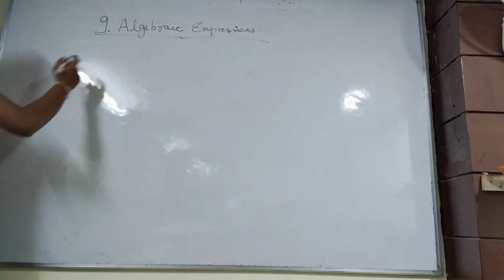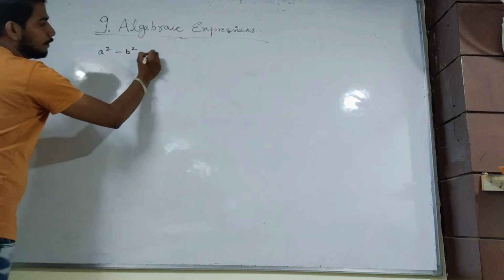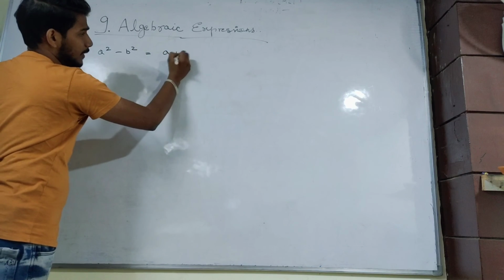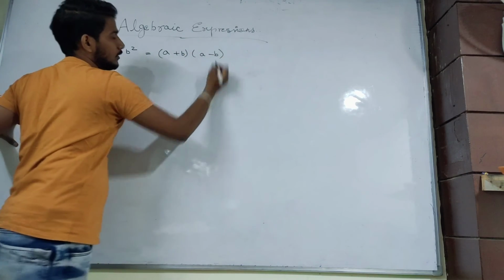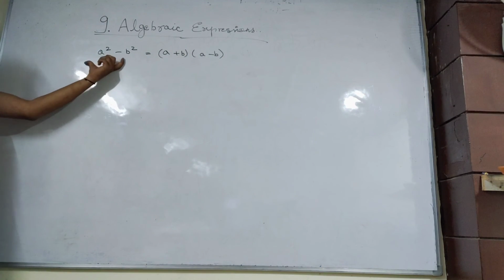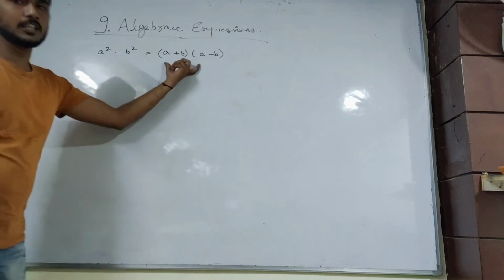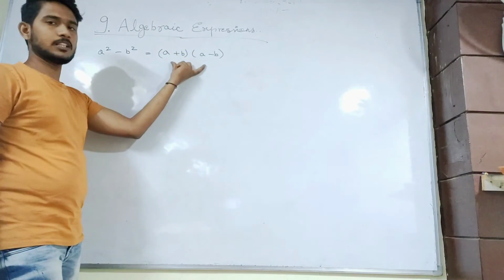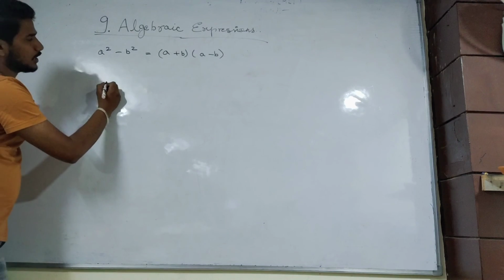Now I am going to tell the a square minus b square identity, which opens like a plus b and a minus b. If the question is given in this form, you can simply use this identity and open it in this way, or if it is given in this way, you can directly convert the question in this way. Both are easy.